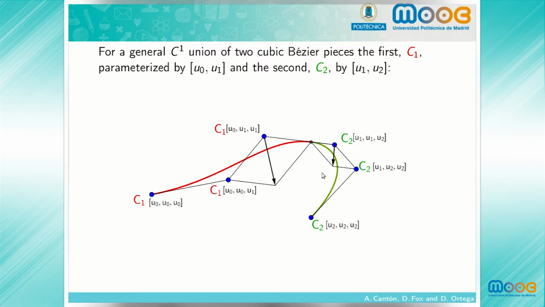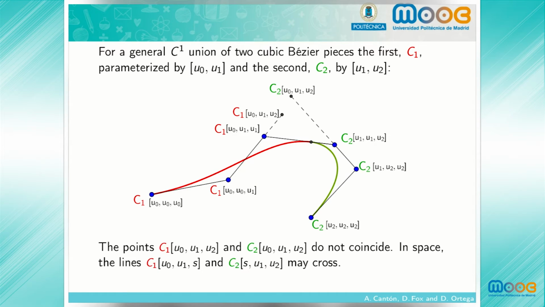What does it mean in terms of the polar form? When we consider the line passing through these 2 points, and this point, which is a point on that line given at time u2, and the line passing through these 2 points, and this point, which is the point given on this line at time u0, and these are the parametrizations in both cases given by polar forms, we see that in general these 2 points do not coincide.